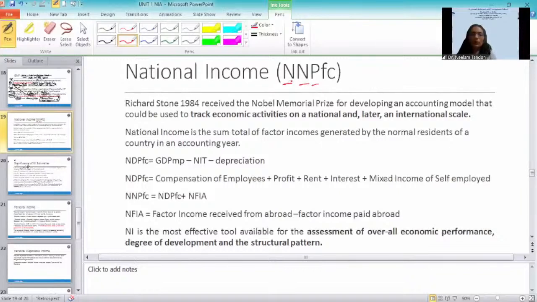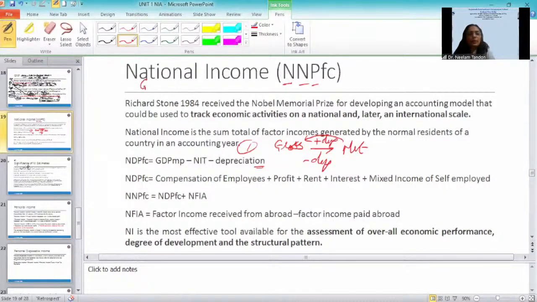That means you're deducting depreciation. Sorry for this handwriting. When you go from gross to net, what do you deduct? You deduct depreciation. When you go from net to gross, you add depreciation, number one. Number two, so we have converted G to N, isn't it?